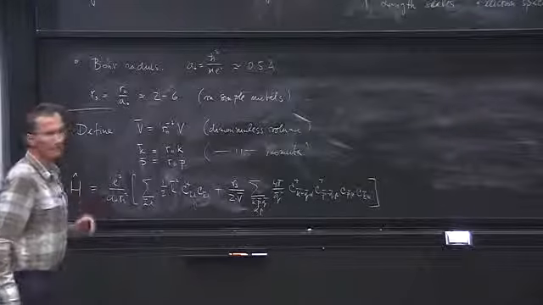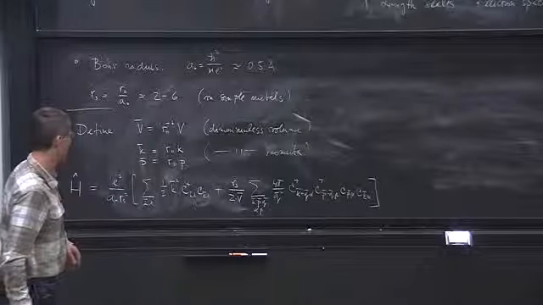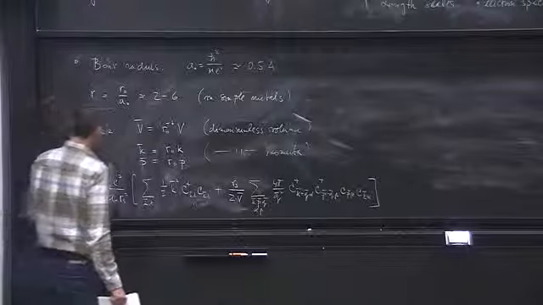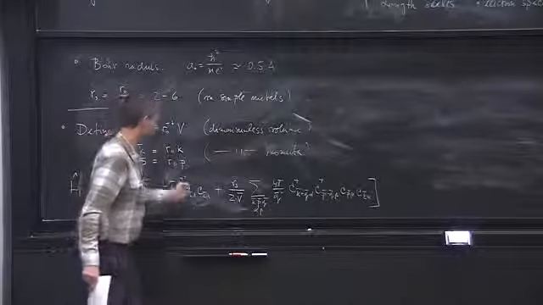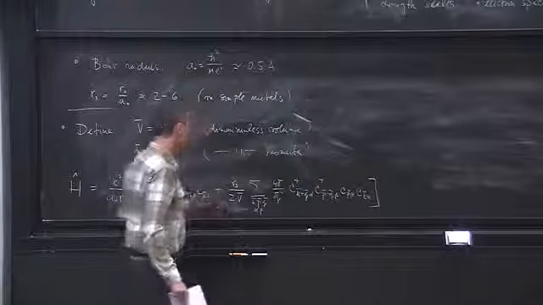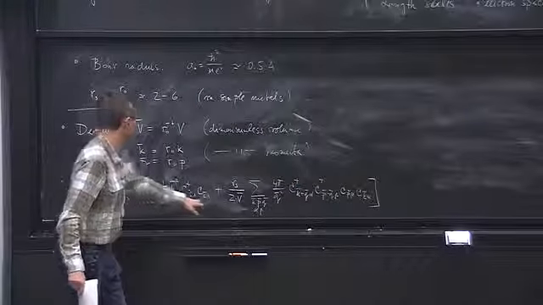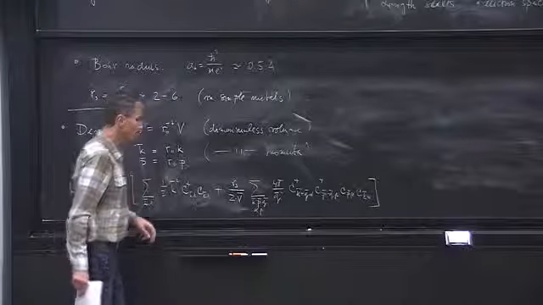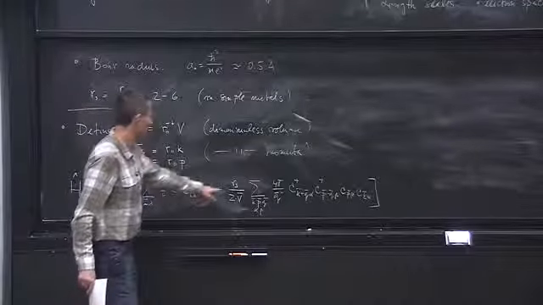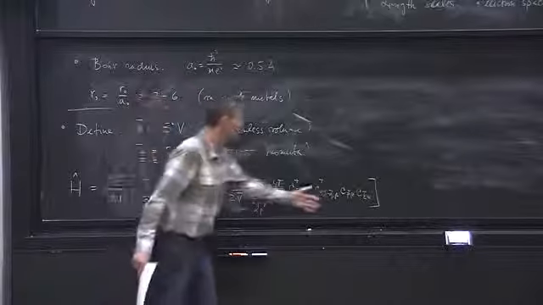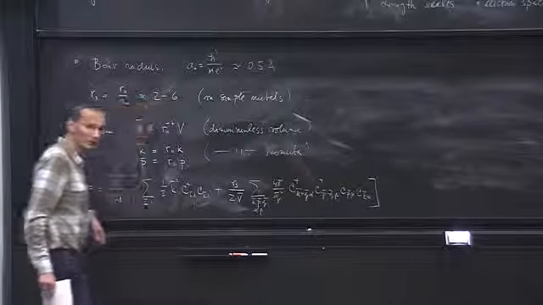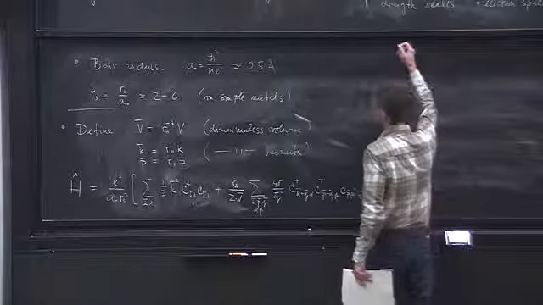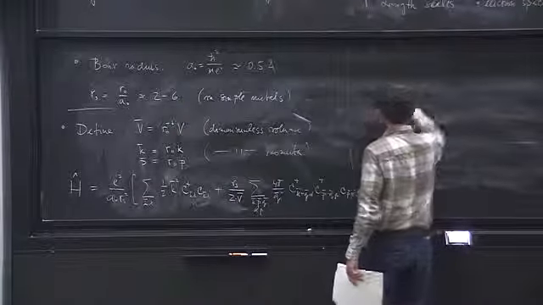And the interesting thing, the reason why I did this for you, is that the two terms, the kinetic energy and the potential energy, have different scaling with this dimensionless variable rs. Namely, in the limit when rs goes to 0, the interaction term becomes unimportant. Okay? And this is our first important result.